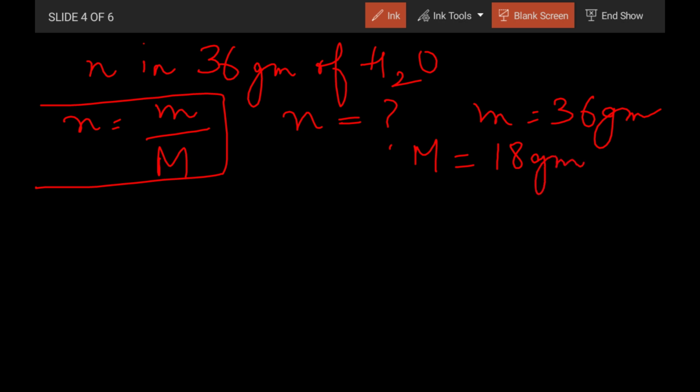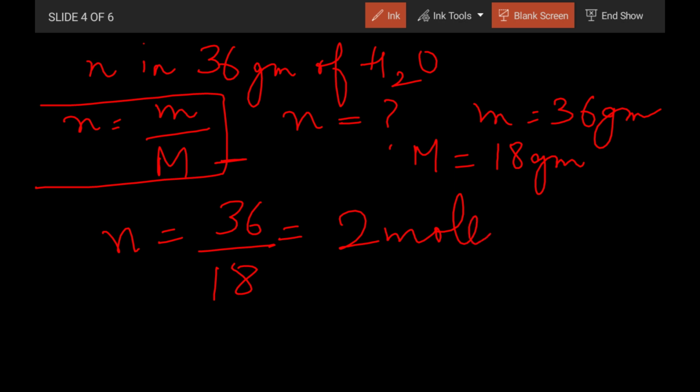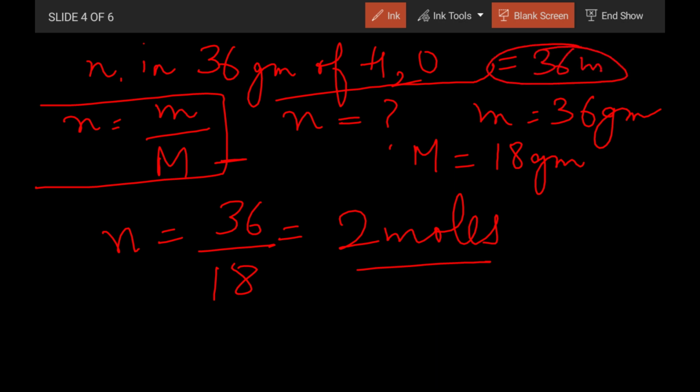Now we'll put the values into the formula: n is equal to small m, that is 36 upon 18, giving rise to 2 moles. So the number of moles in 36 gram of water is 2 moles.